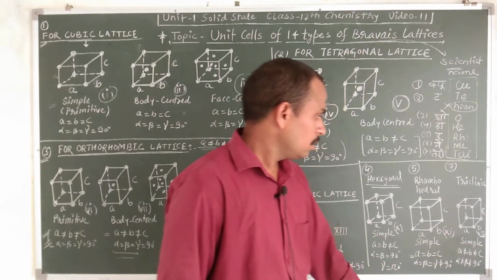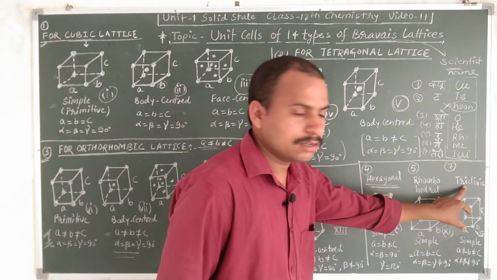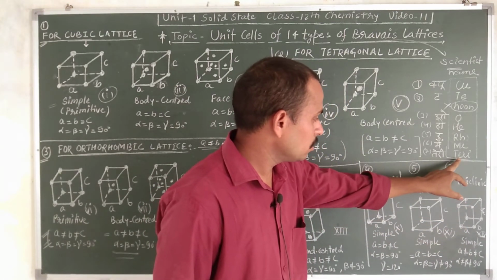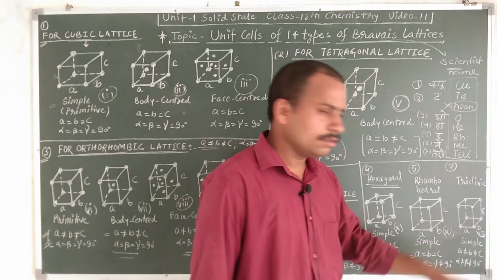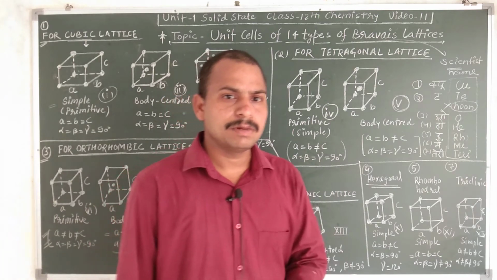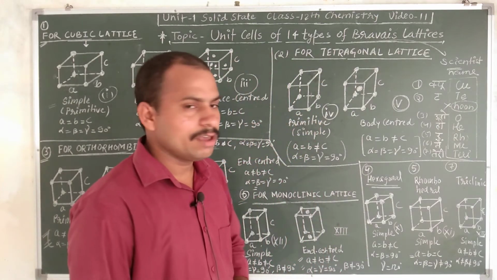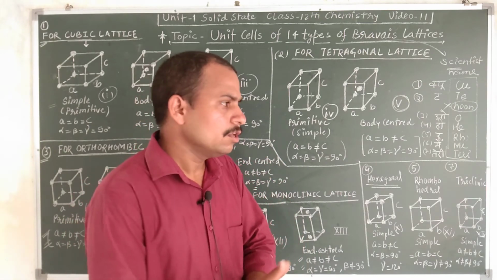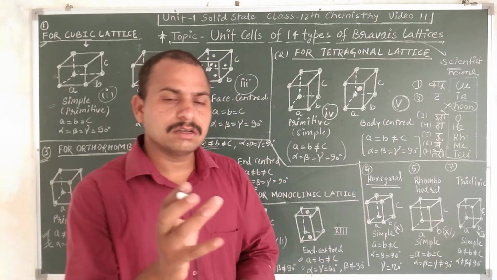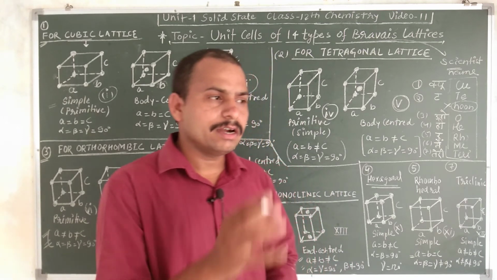The last crystal system is triclinic. Triclinic has one variation, that is the simple unit cell.